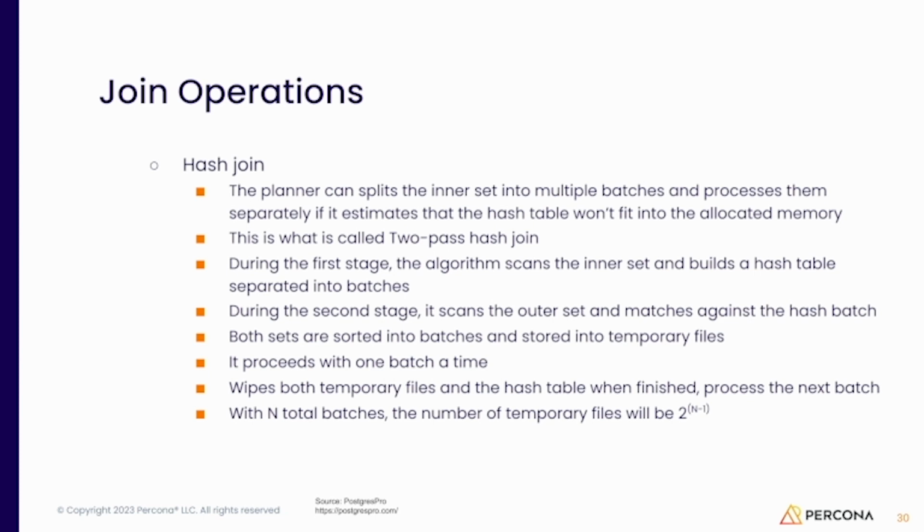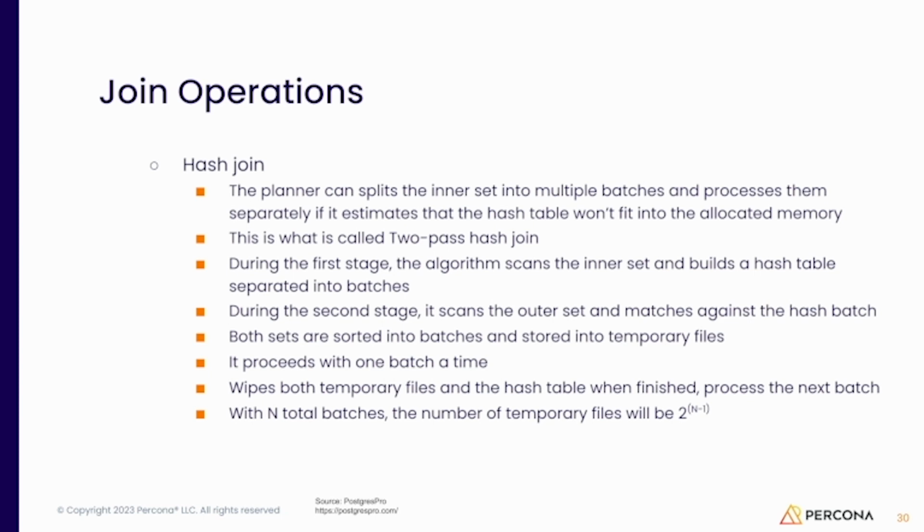And you may still ask, what happens if the table is too large, so that even with those buckets, they do not fit in memory? There is a configuration for that space, which is work_mem on Postgres, to work with those things, like sorting. So if it doesn't fit in that space, it will create temporary files.